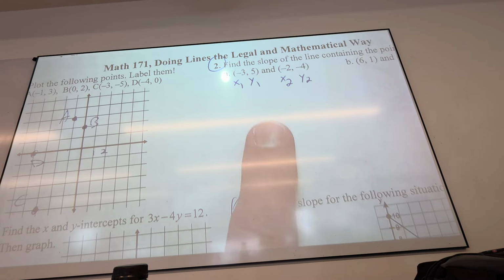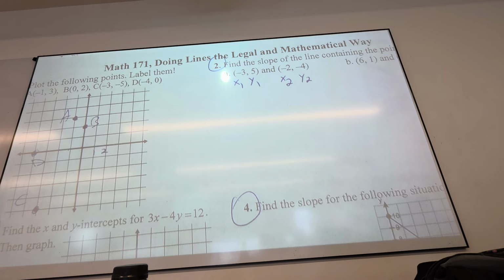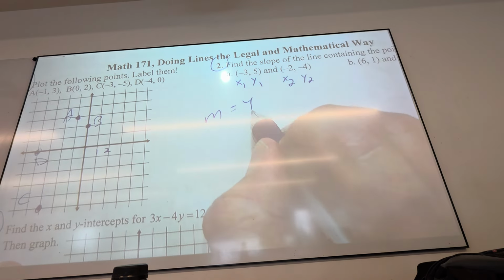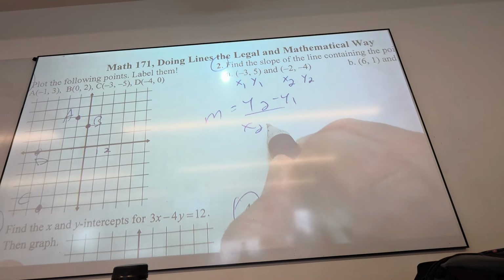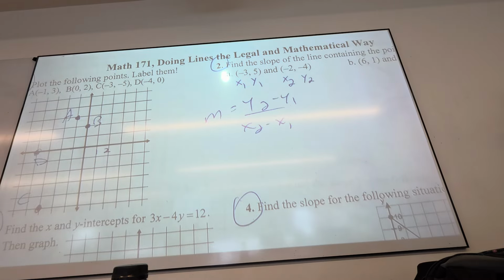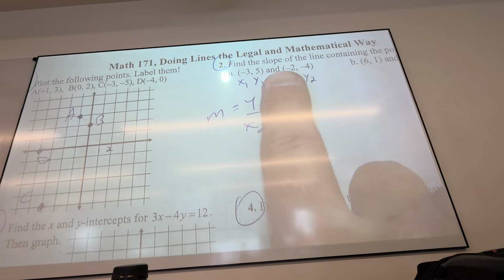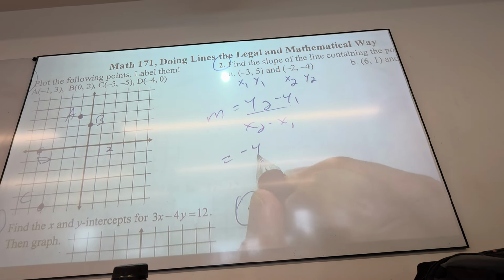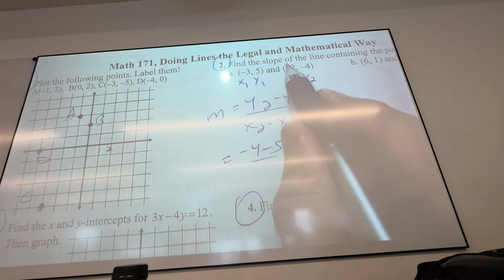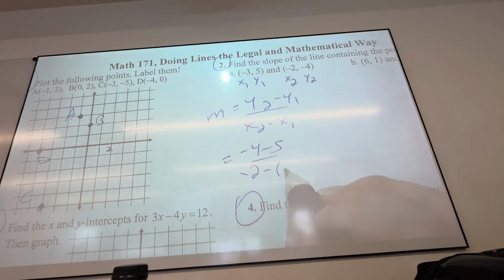There's this tiny little thing about this equation that I want students to really understand. The only reason we have little subscripts is because if I do -4 minus 5, I must do -2 minus -3. So I get -9 here, right?